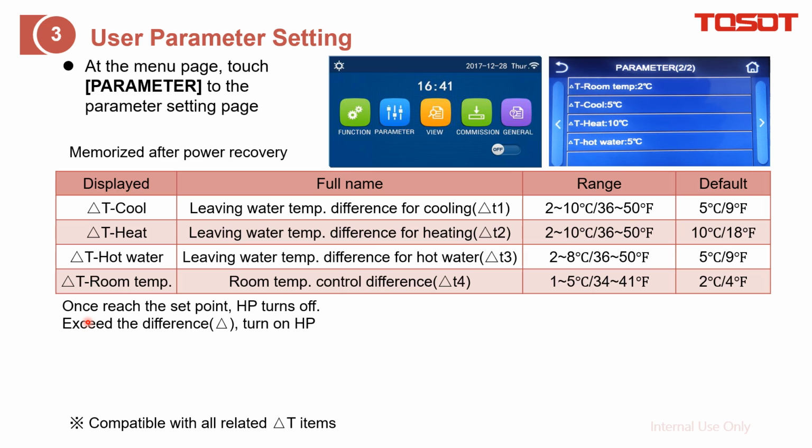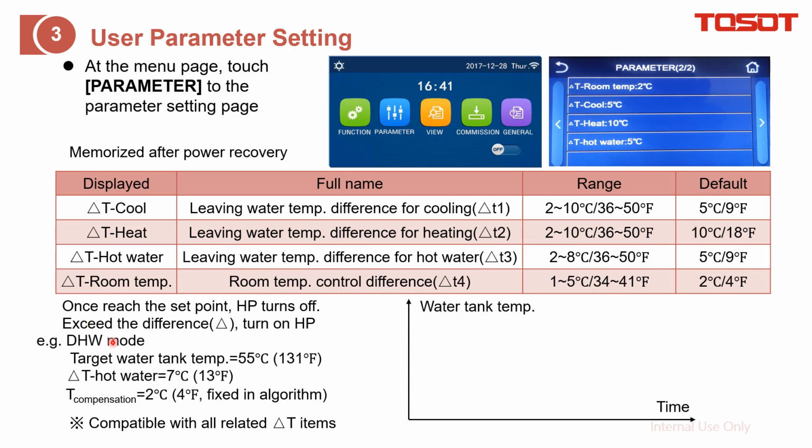And here it is. In the DHW mode, our set point is, say, 55 degrees and the delta T hot water is 7 degrees, and this T compensation is 2 degrees, which is fixed in the algorithm and not allowed to be adjusted. From this diagram, we can see that once the heat pump detects the set point of 55 has been reached, it will turn off.